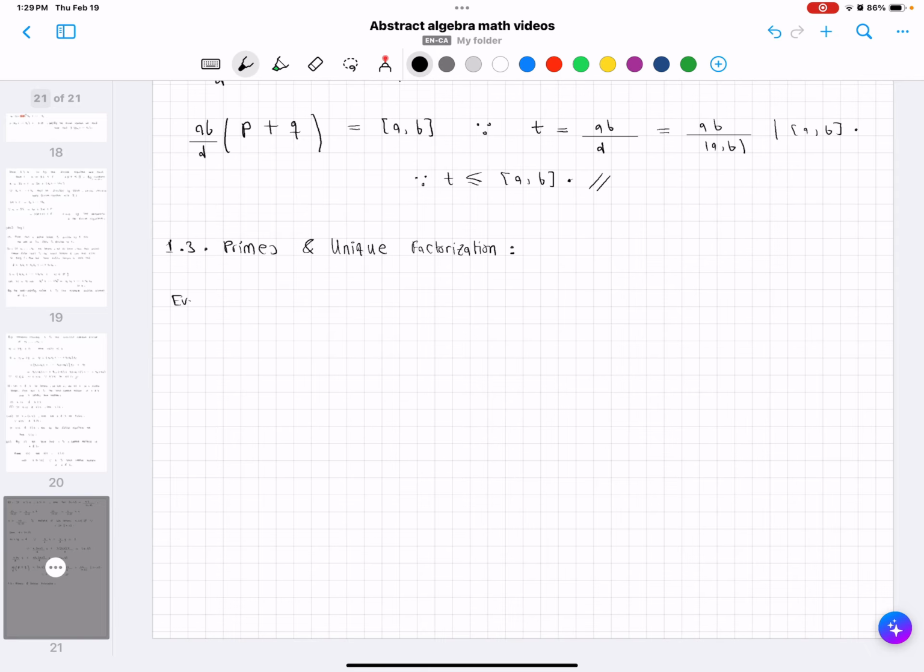So every non-zero integer n except plus or minus 1 has at least 4 distinct divisors.